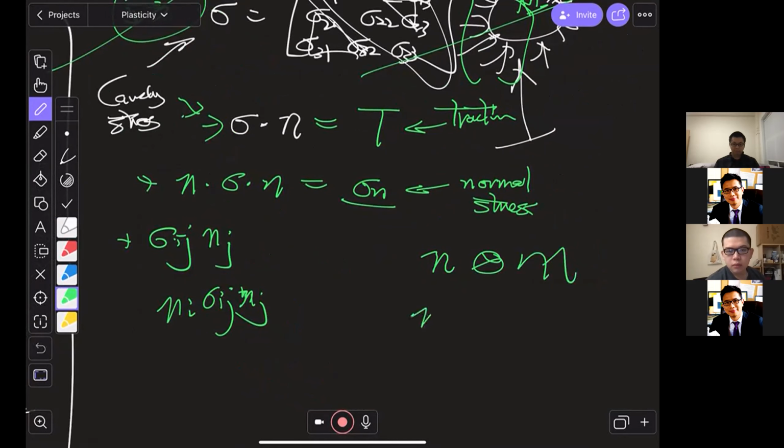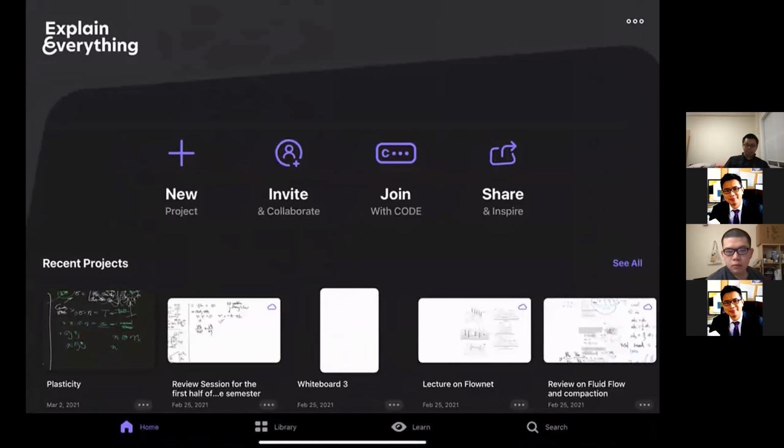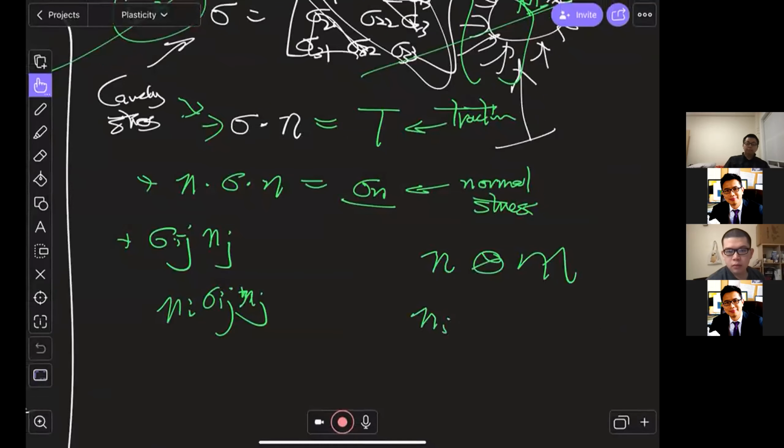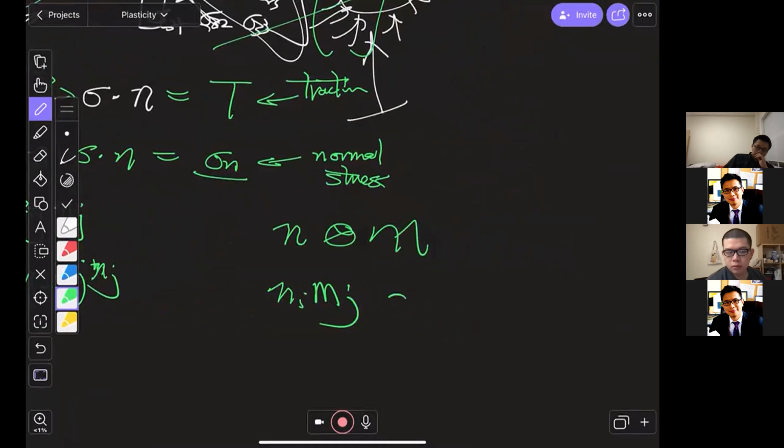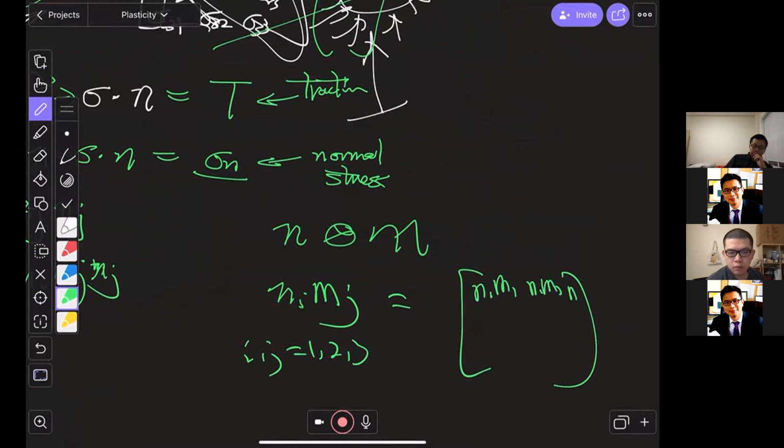What I mean is ni mj, where i and j are equal to 1 to 3. That means I have n1 m1, n1 m2, n1 m3, and so on. So you know what I'm saying? This is how you create a matrix: you lump these components together and then call them by the indices.